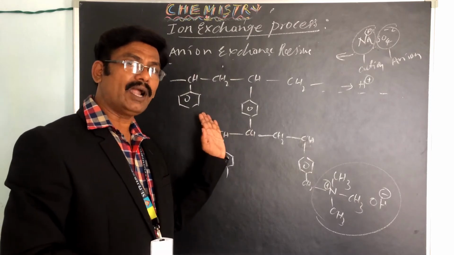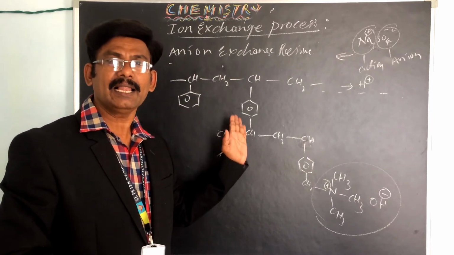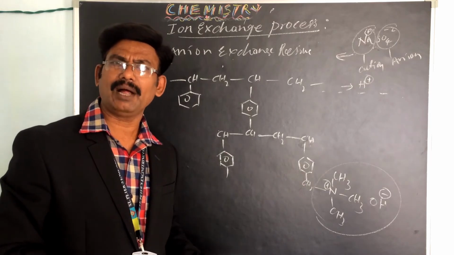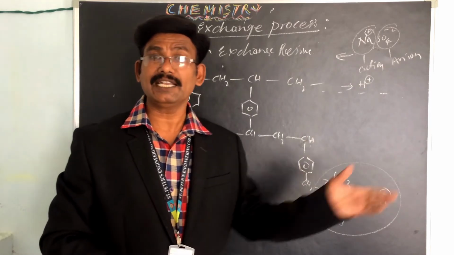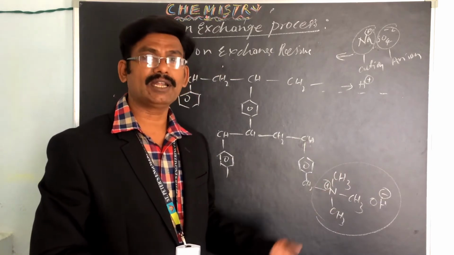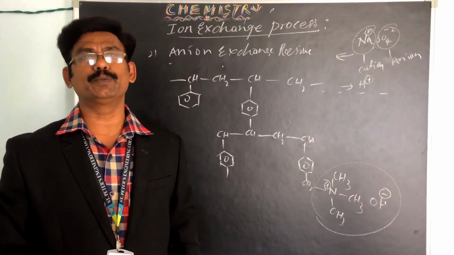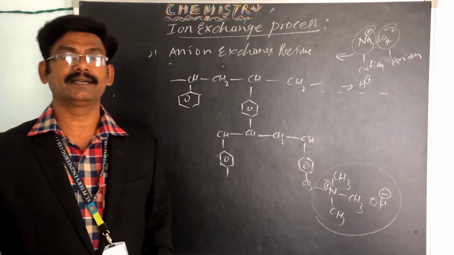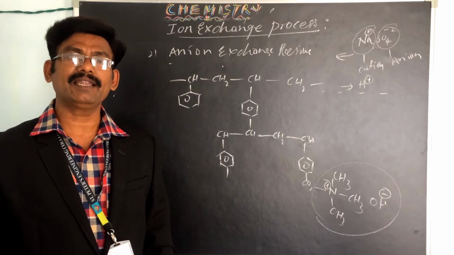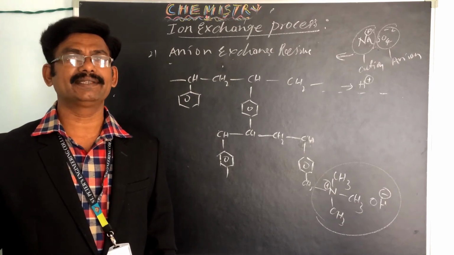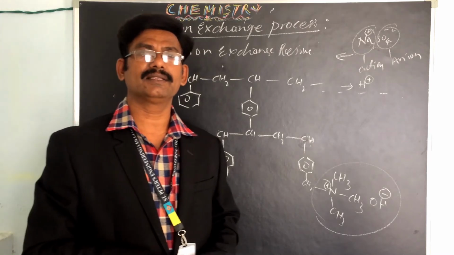These are mainly styrene, divinyl benzene or amine, or formaldehyde polymers containing a basic functional group such as amine or quaternary ammonium groups as an integral part of the resin matrix. So after treatment with the base, the resin becomes capable of ion exchange of its OH minus ions.